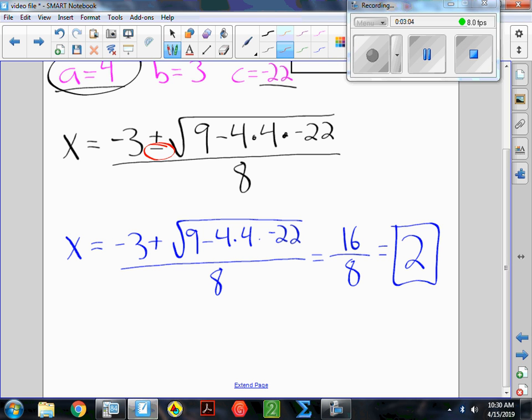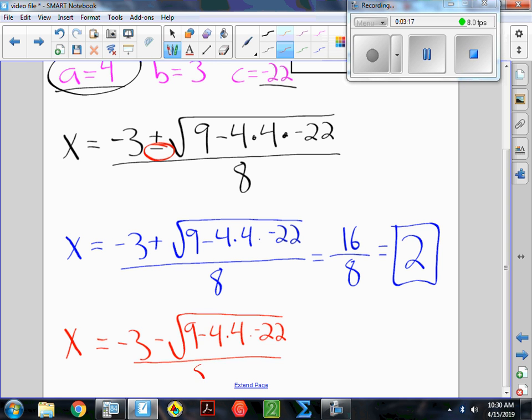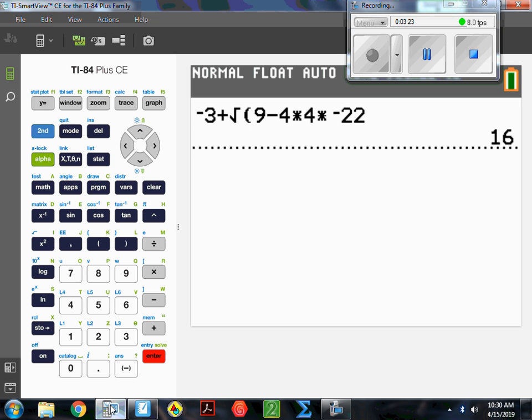Next, I'm going to use the same formula but with a minus sign. So x equals negative b minus the square root of b squared minus 4 times the a value times the c value over 2 times a, which was 8. So same thing on the calculator.